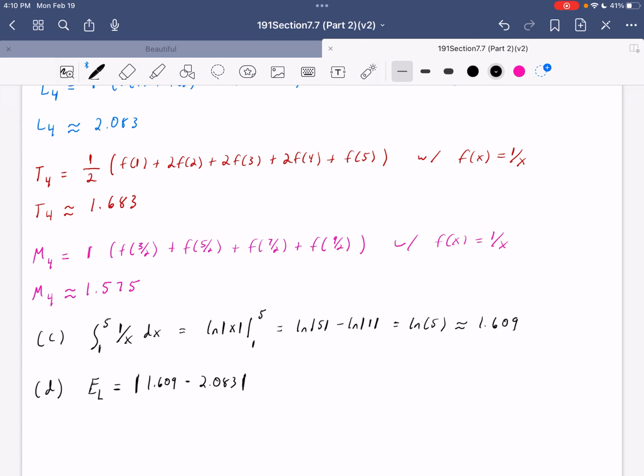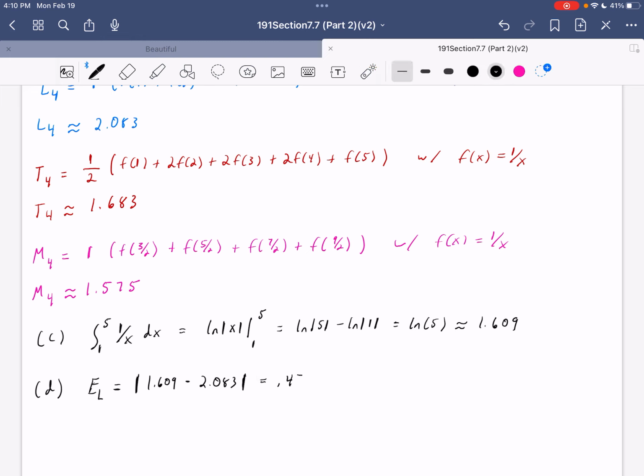We're doing it in absolute value because that's what we're interested in. So this is what the actual value of the integral was, and this is what the left endpoint approximation predicted.